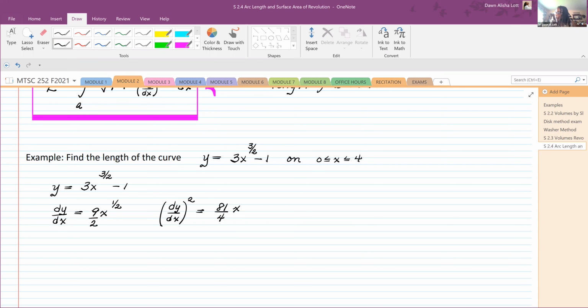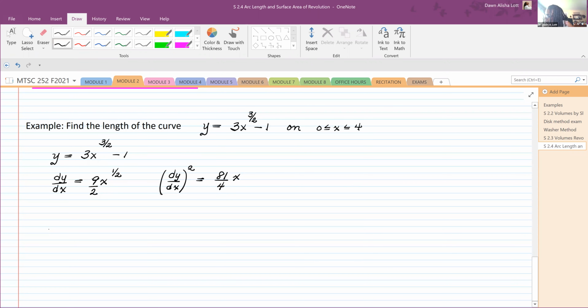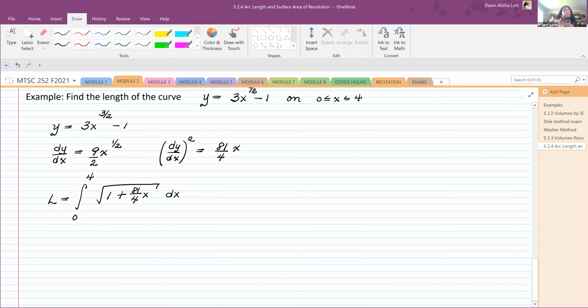So therefore, the length of the curve, L, is the integral from 0 to 4 of the square root of 1 plus 81 over 4 x, dx. That is the integral, and that is very easy to integrate.